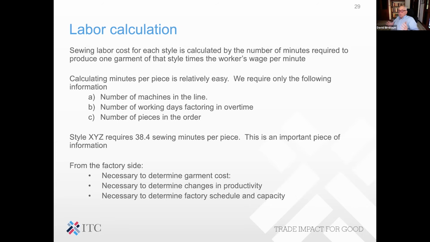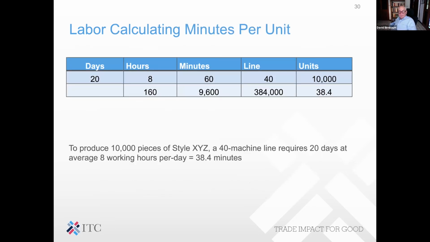This is really important. For one thing, the factory needs this information to calculate future order costs. They need this information to calculate change in productivity. And they need this information to calculate their schedules. This labor cost calculation is an unbelievably important factor. Take an order of 10,000 pieces that took you 20 days to produce.